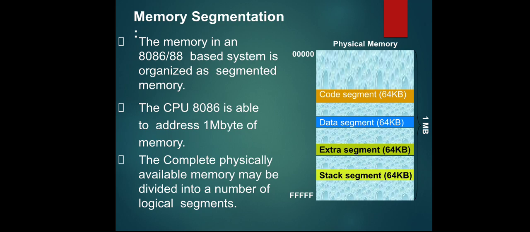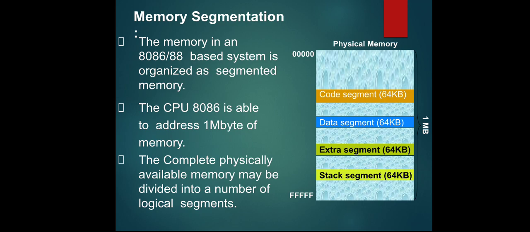Like this, the 8086 processor has been divided into various segments such as code segment, data segment, extra segment and stack segment, with equal capacity of 64 kilobytes. Whenever the user wants to access a program or data, he needs to address with 16 bits.